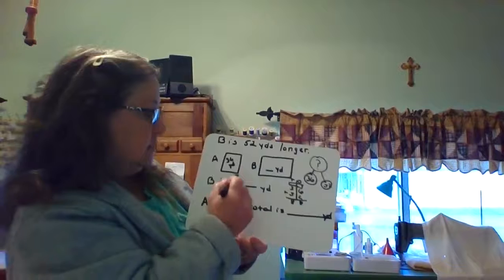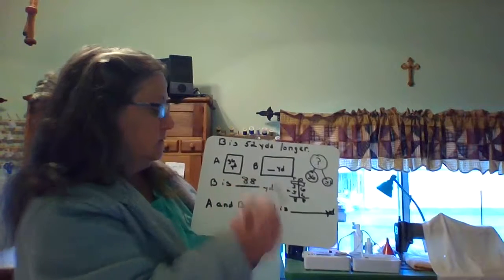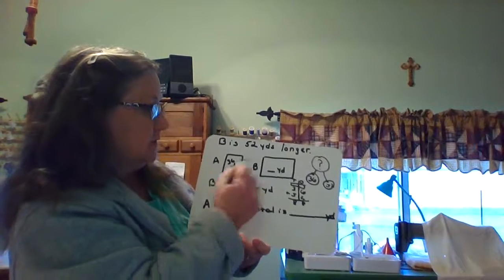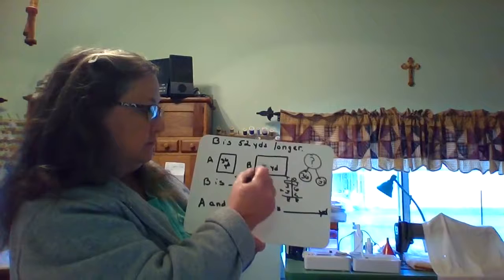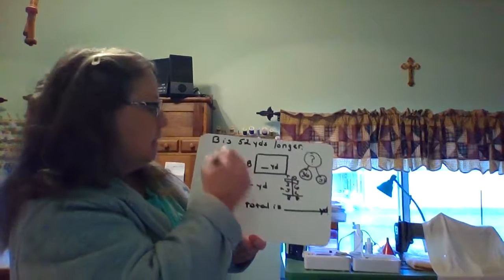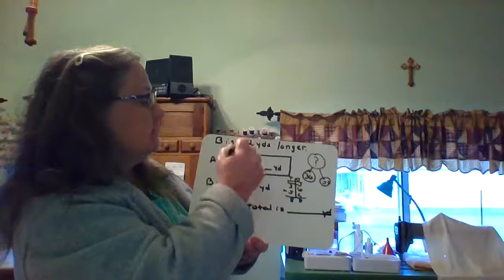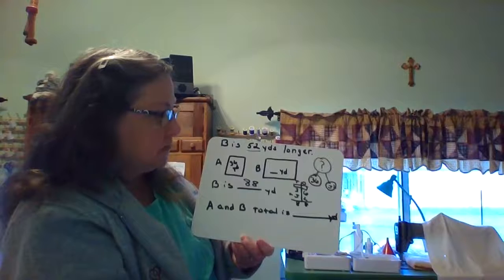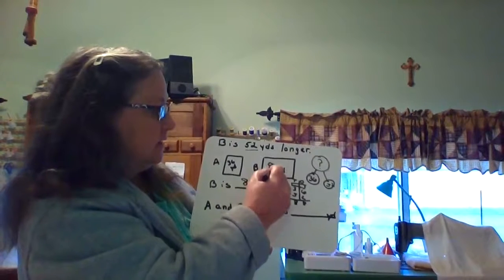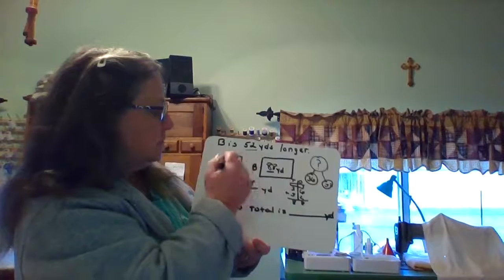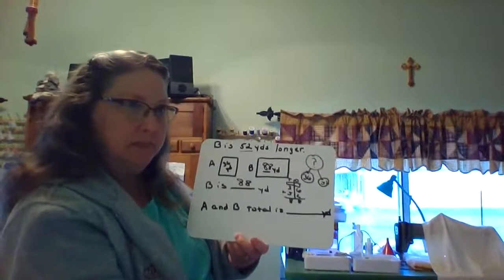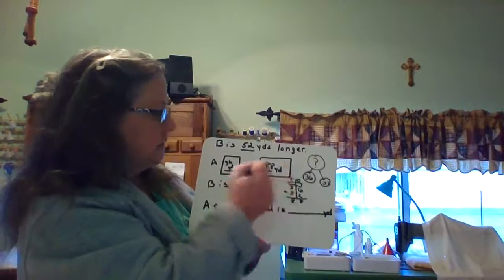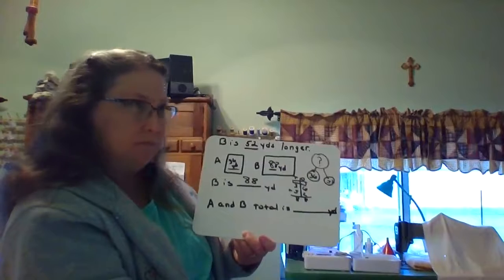Oh, so B is 88 yards. 88 minus 36 would give me the difference of 52. Okay? So that's how I would figure out that this is 88 yards, because it's 52 yards bigger than 36. So I had to add the 52 and the 36 to be able to get the total of that yardage.